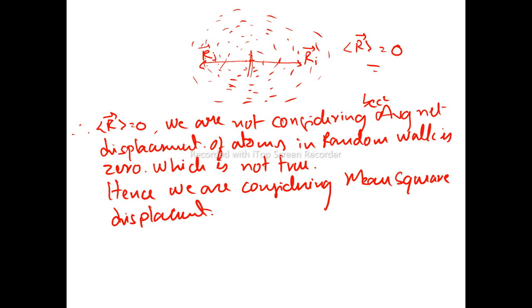So what is mean square displacement? It can be denoted with the help of R square. This is a mean value and this is square. Hence it is denoted like this.